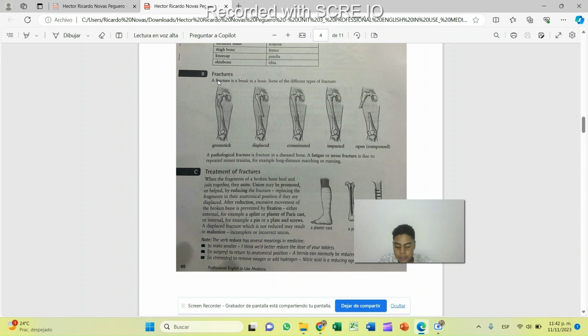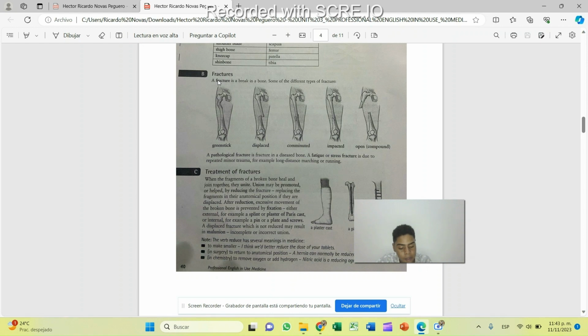B. Fracture. A fracture is a break in a bone. Some of the different types of fracture: greenstick, displaced, comminuted, impacted, open or compound. A pathological fracture is a fracture in a diseased bone.